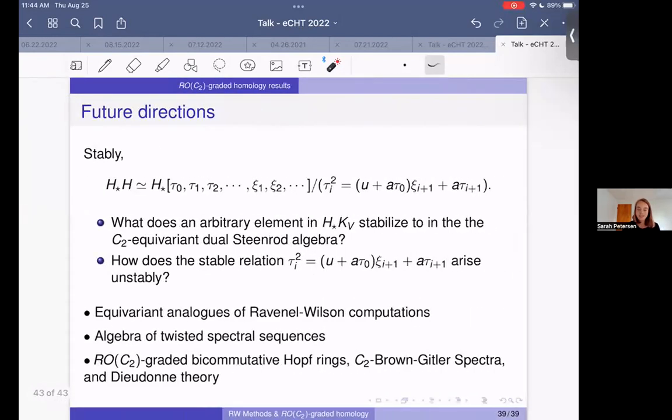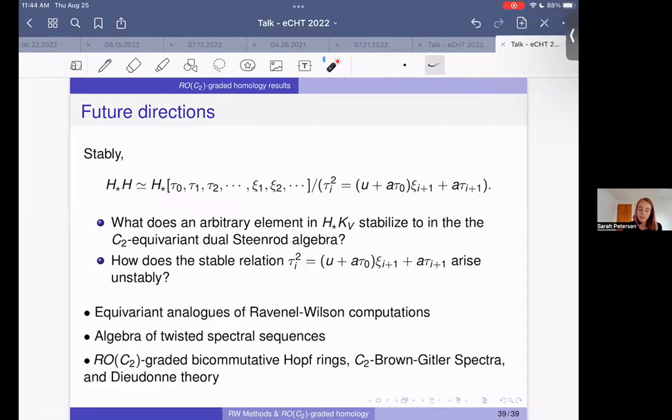So some additional questions that I am interested in investigating next with this project include, so non-equivariantly, you can stabilize the unstable answer to get the dual Steenrod algebra.